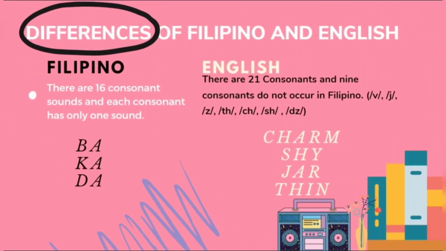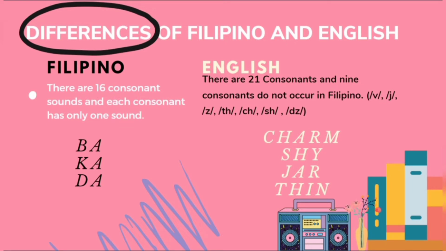Another difference is in Filipino, there are 16 consonant sounds, and each consonant has only one sound. While in English, there are 21 consonants and 9 consonants do not occur in Filipino. For example, the sounds of J, Z, and F do not occur in Filipino, including the non-voice sounds like th, ch, sh, j.